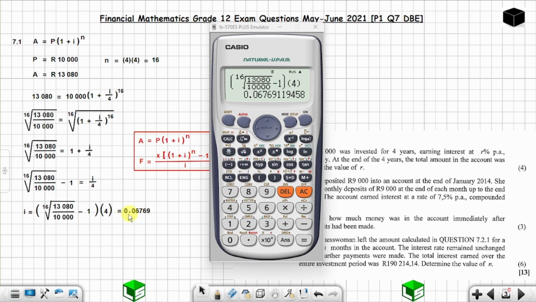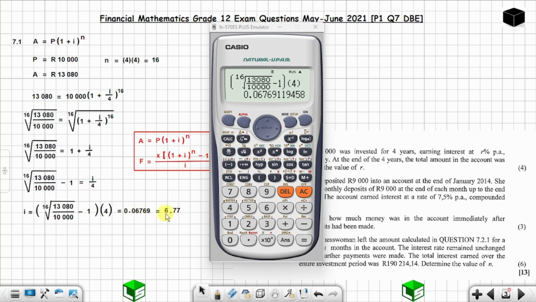This is what you have in decimal. In percentage, you have to multiply by 100. So when you multiply by 100, you are going to have 6.77 to 2 decimal places, right? 6.77 when you multiply by 100.